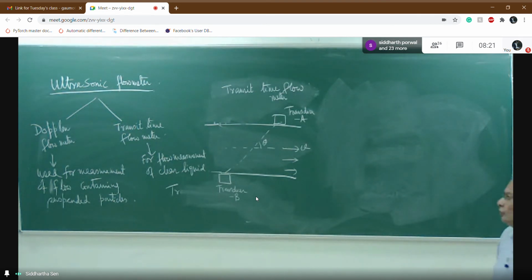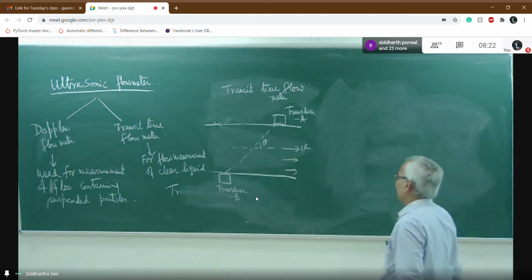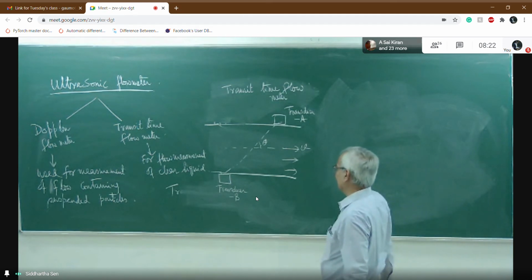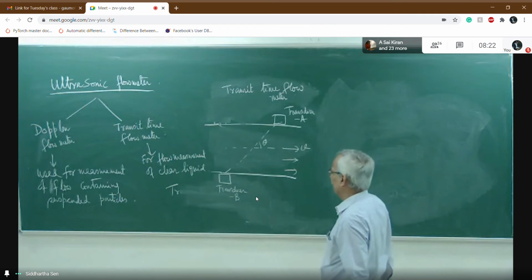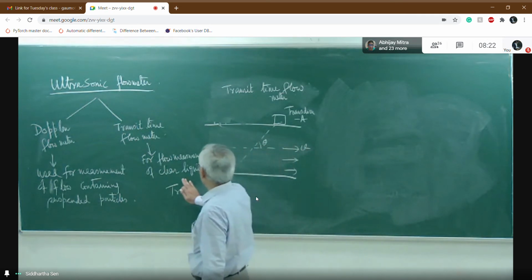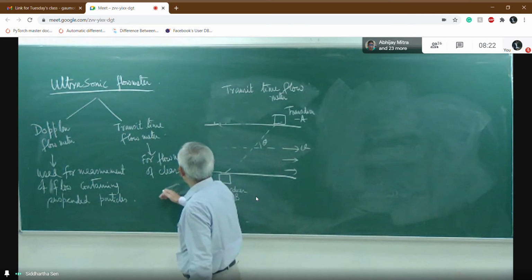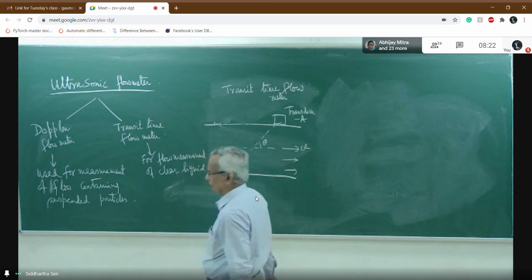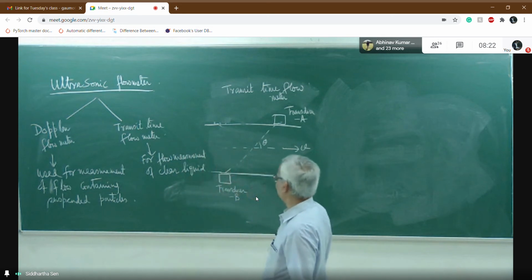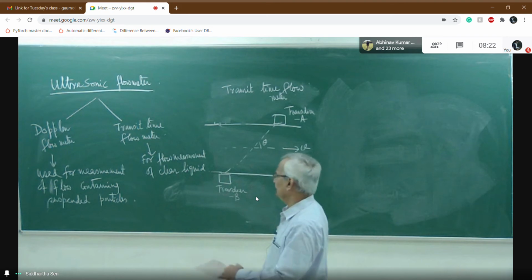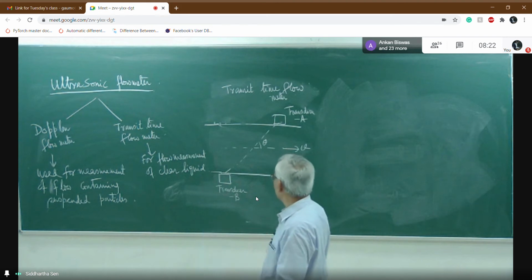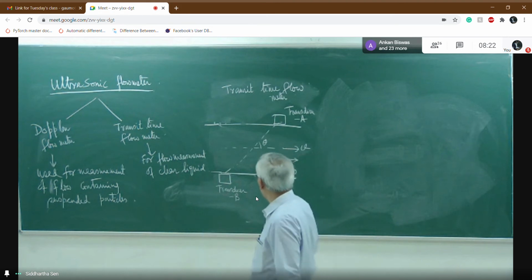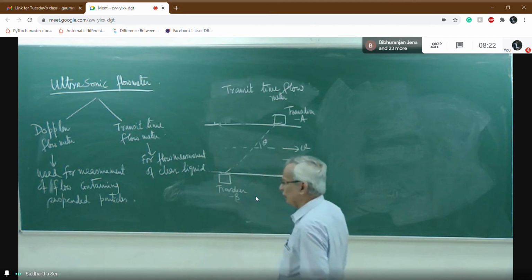What I told you earlier is that piezoelectric type transducers can work both as a sensor as well as an actuator. That's why I am just giving a common name, transducer.